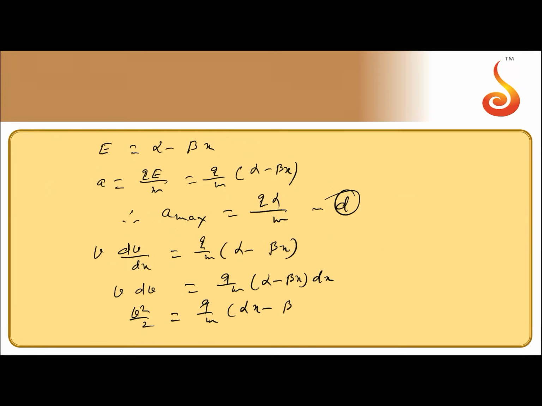Alpha x minus beta x square by 2. So from this we get that v is equal to 0 at x equal to 0 and x is equal to alpha by beta.